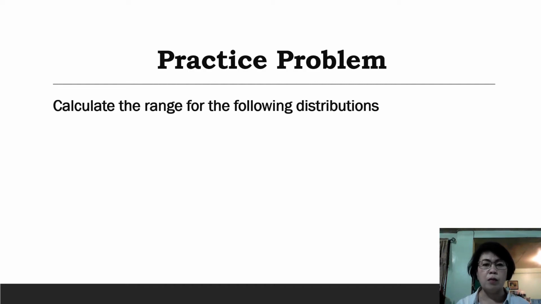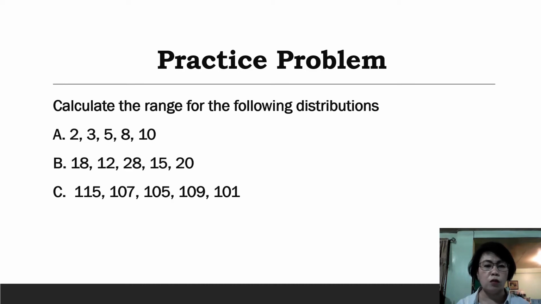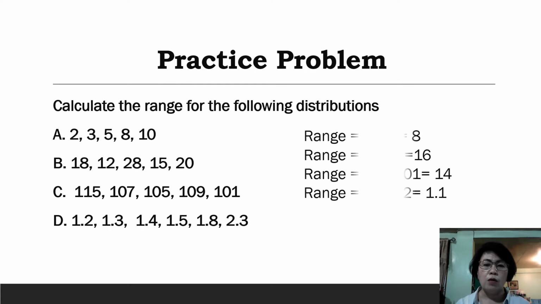For the practice problem, we have to calculate the range for the following distributions: distribution A, letter B, C, and letter D. For the solution, for the computation of the range, we have 10 as the highest score and 2 as the lowest for distribution letter A, and the range is 8.